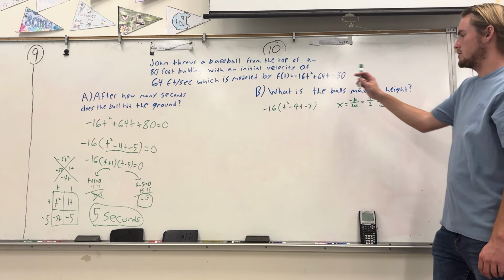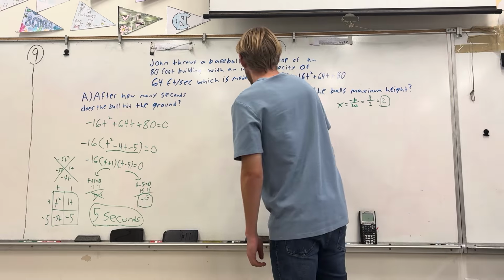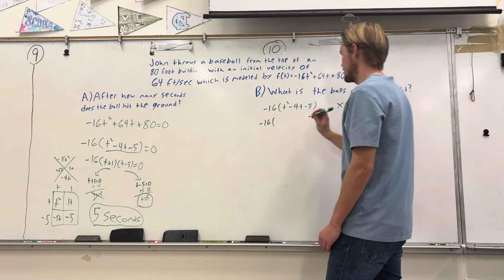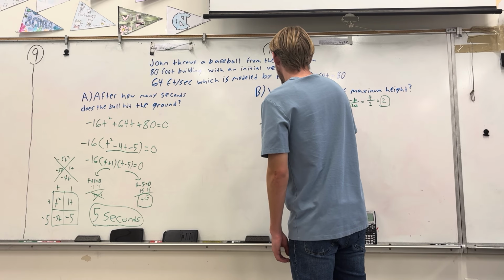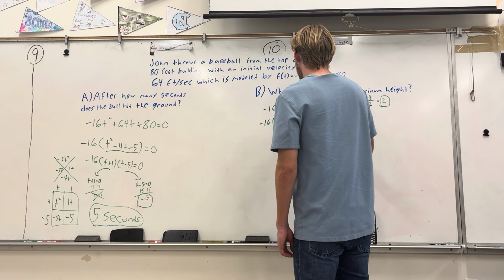Now we need to plug this in for t in our original equation. So we have negative 16 times, and then we plug in 2. So 2 squared minus 4 times 2 minus 5.